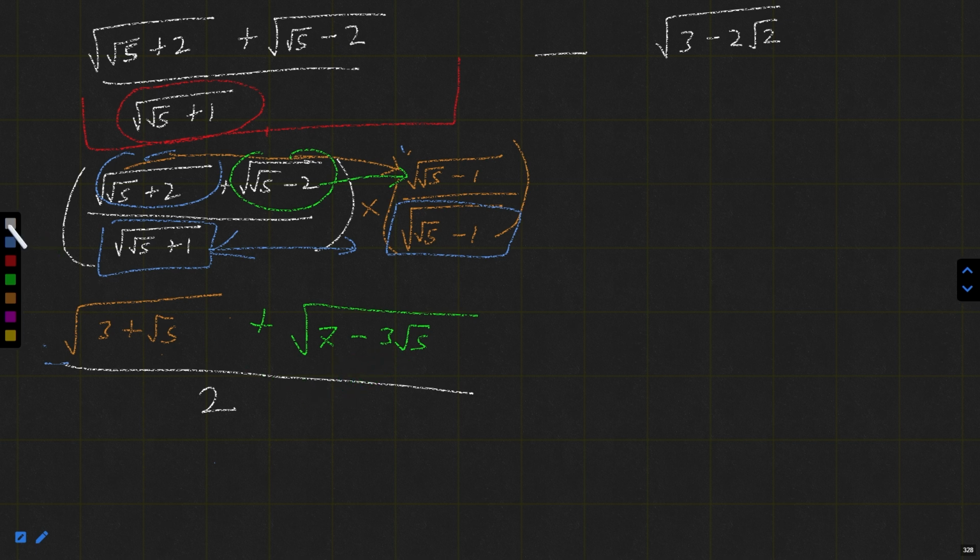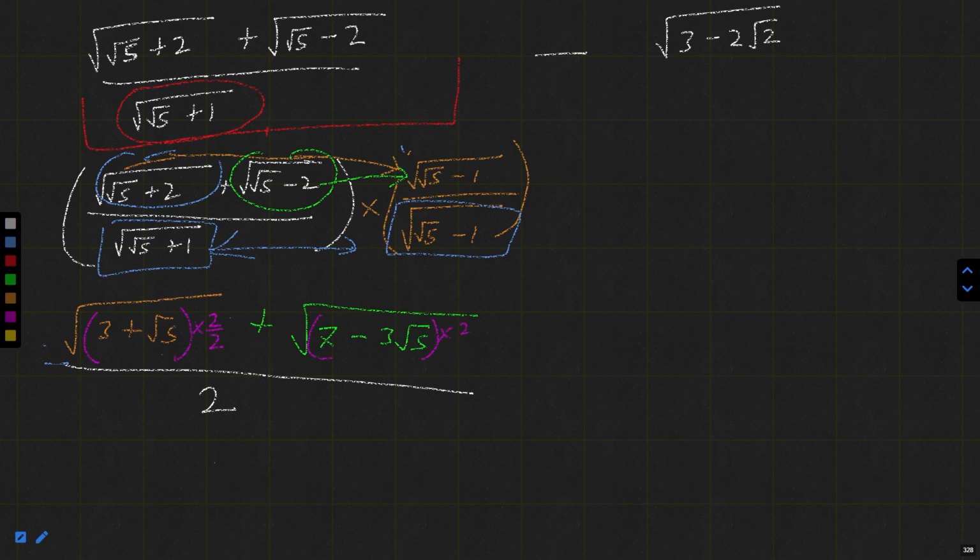Now the interesting thing will happen, or a small trick will do its work. What is our trick? The trick is to multiply this with 2 by 2. I am multiplying it by 1, meaning 2 divided by 2, which is also 1. Same I will do here.